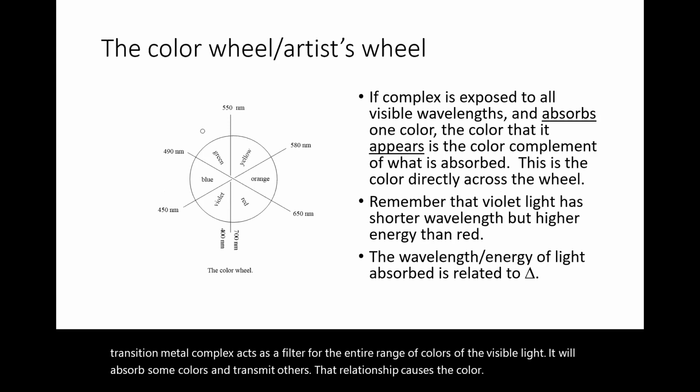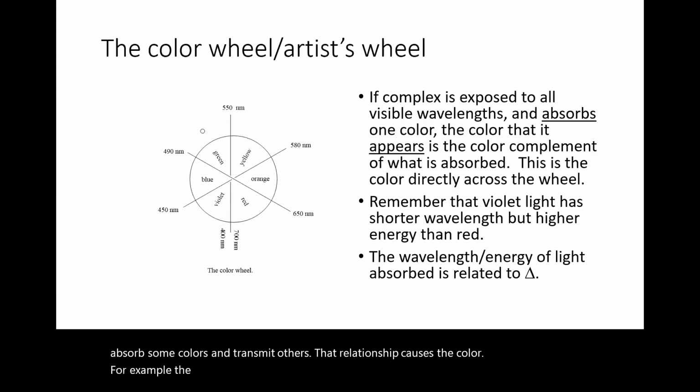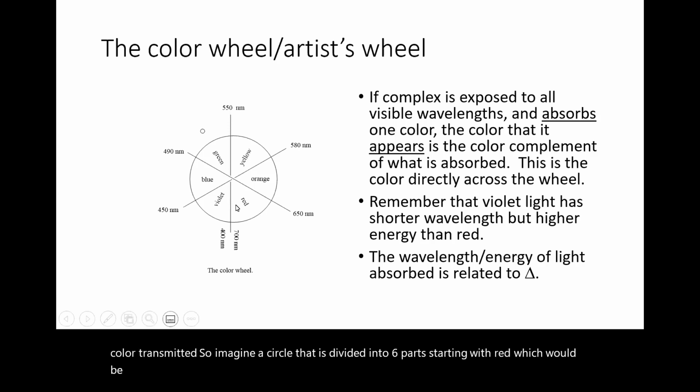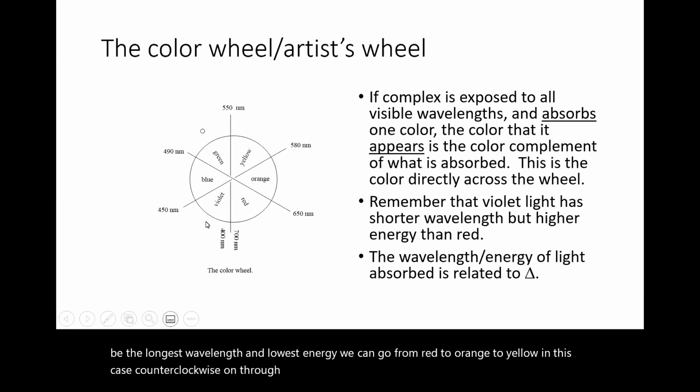So for example, the artist wheel helps us look at the relationship between color absorbed and color transmitted. So imagine a circle that is divided into 6 parts. Starting with red, which would be the longest wavelength and lowest energy, we can go from red to orange to yellow, in this case counterclockwise, on through green, blue, and violet.